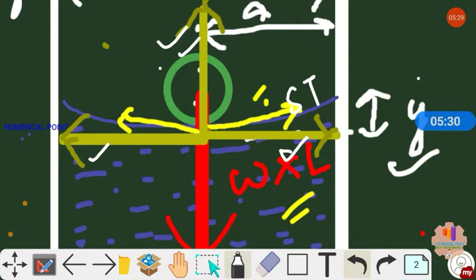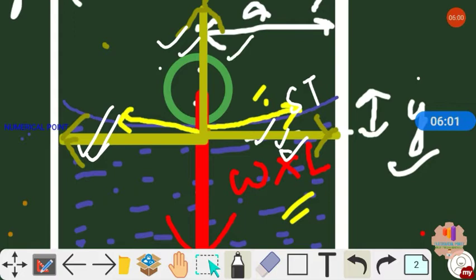If you see it properly, the leftward horizontal component will balance this force. These are the same in magnitude, so the left side component and the right side component will balance each other. But what about the vertical component? The vertical components of surface tension on both sides are in the upward direction, and the weight is in the downward direction.